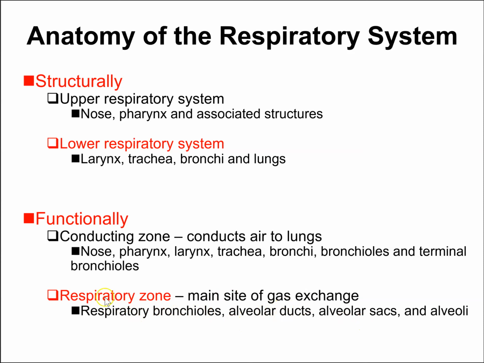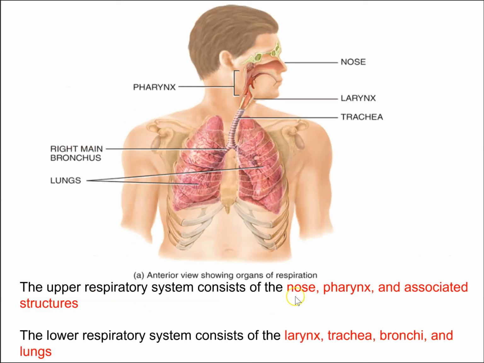So this is the only region in the respiratory system where actual gas exchange occurs. So this particular region is called the respiratory zone. So the upper respiratory system includes the nose, the pharynx, and everything in this region, like the different parts of the pharynx and the soft palate and the hard palate.